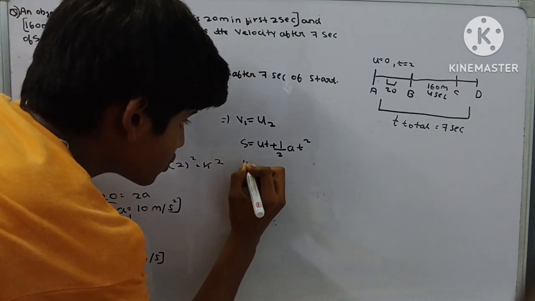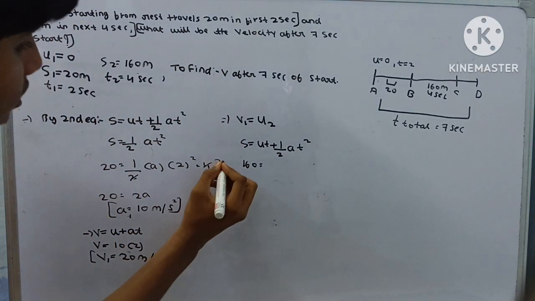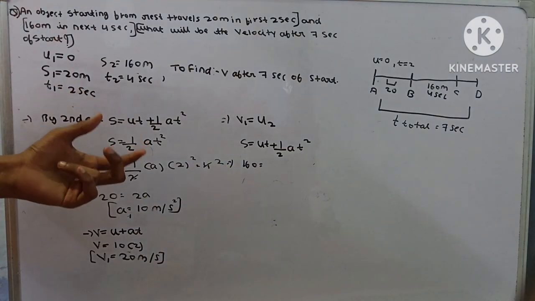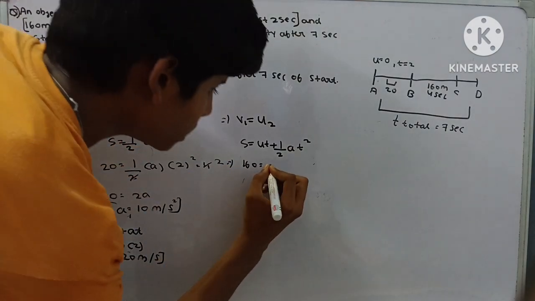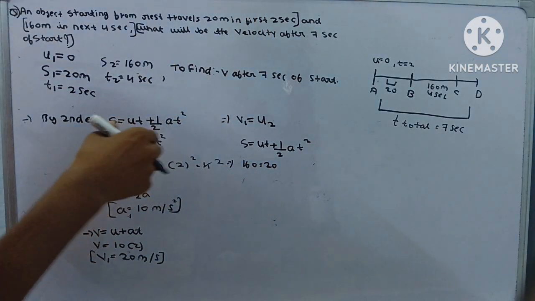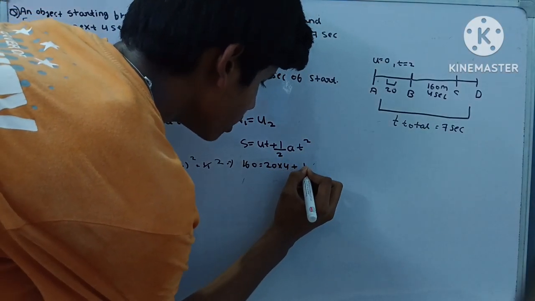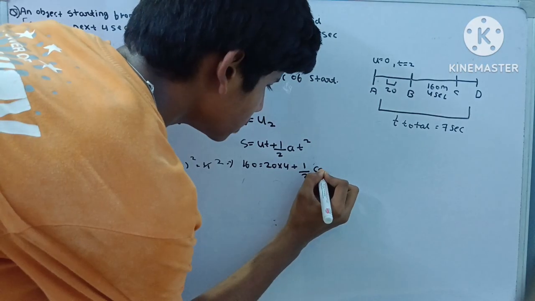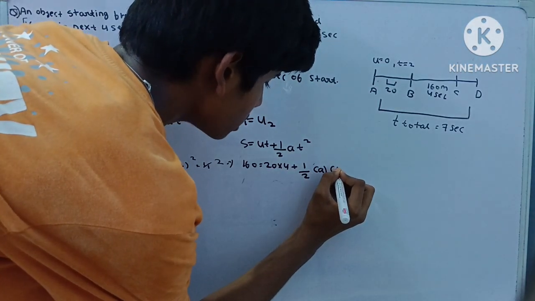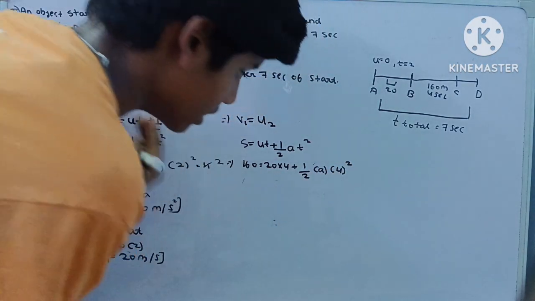Distance is 160 meter. Initial velocity is 20 meter per second and time is 4 seconds, which will be multiplied by 4, plus 1 upon 2, acceleration to find out, and time is 4, whole square, right?